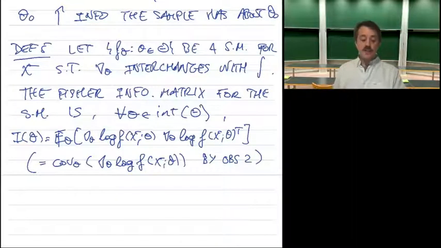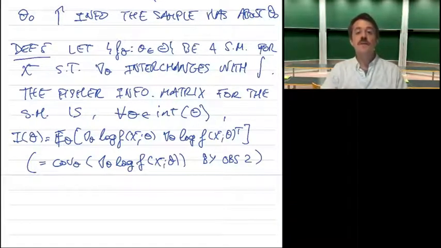Because this is a covariance matrix, the Fisher information is a positive definite or positive semi-definite matrix. In general it will be positive definite, though there could be degenerate cases. But it will be positive, as we would expect of something that describes information.